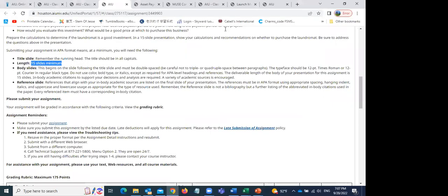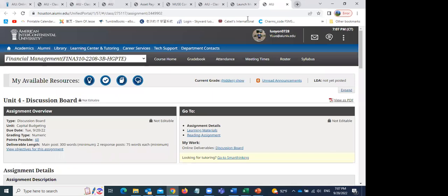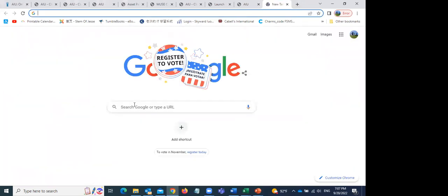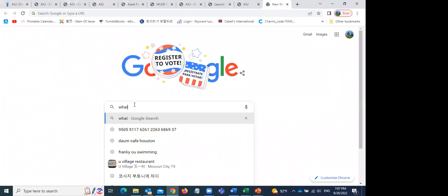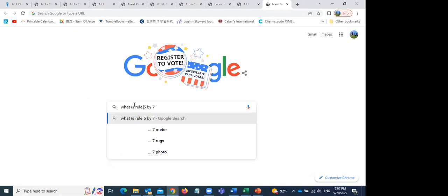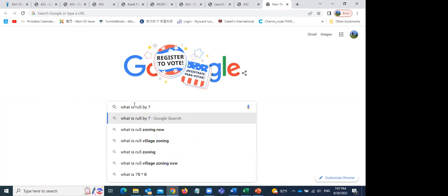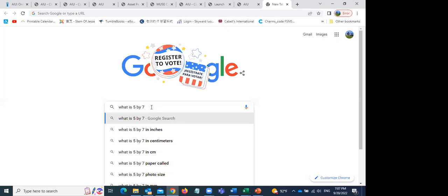Okay, so for PowerPoint slides, you don't have to type a lot of words, which makes people think it's harder to read. What is 7 by 7 row in your PowerPoint slides?